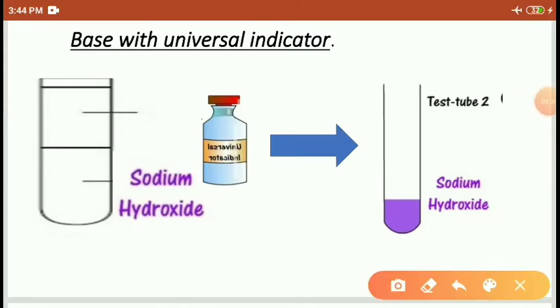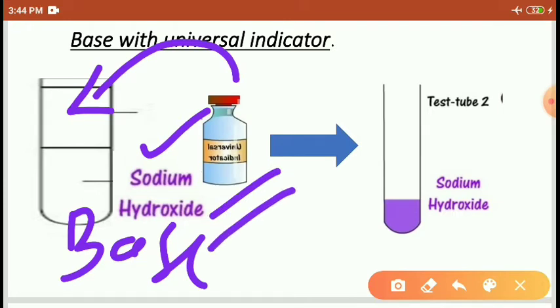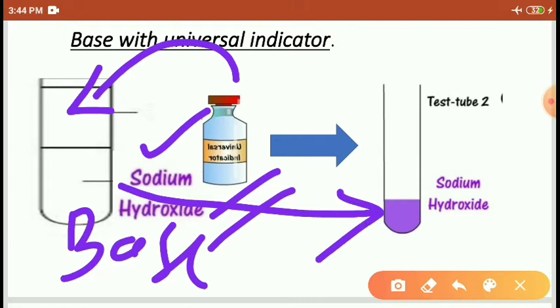Similarly, if you use the base, sodium hydroxide, in which we add few drops of universal indicator, then the colorless solution turns into violet. Colorless NaOH solution turns into violet. So that indicates sodium hydroxide, which is of basic nature.